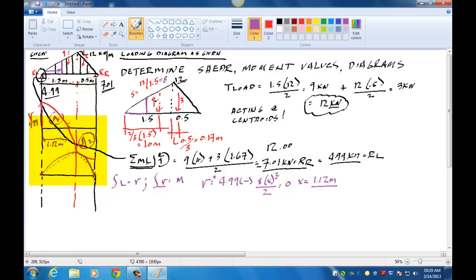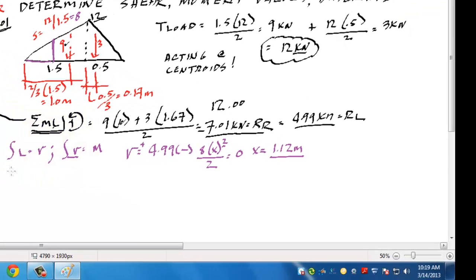Well, now, recalling that if we integrate the shear, we get the moment. All we need to do is integrate the shear equation, so let's write that we're going to integrate 4.99 minus 8x squared over 2 dx.